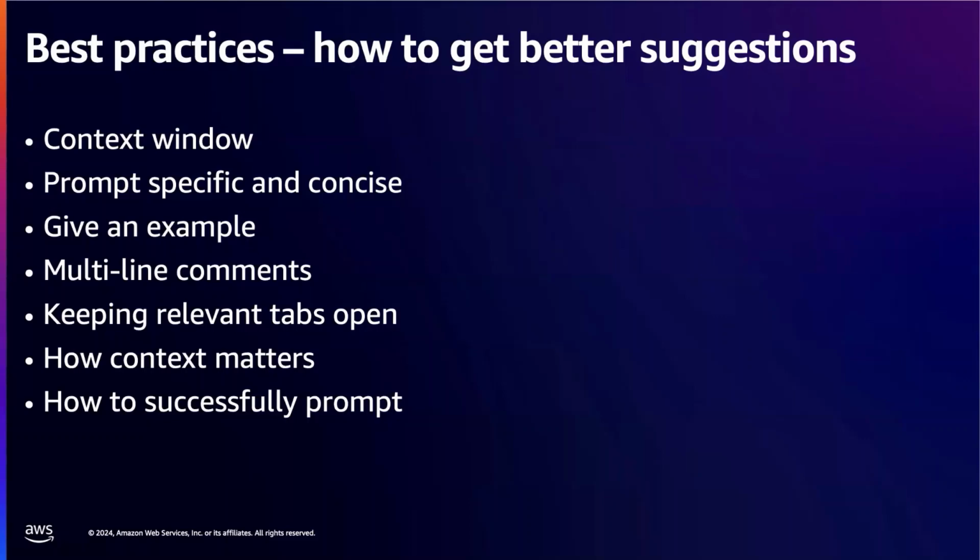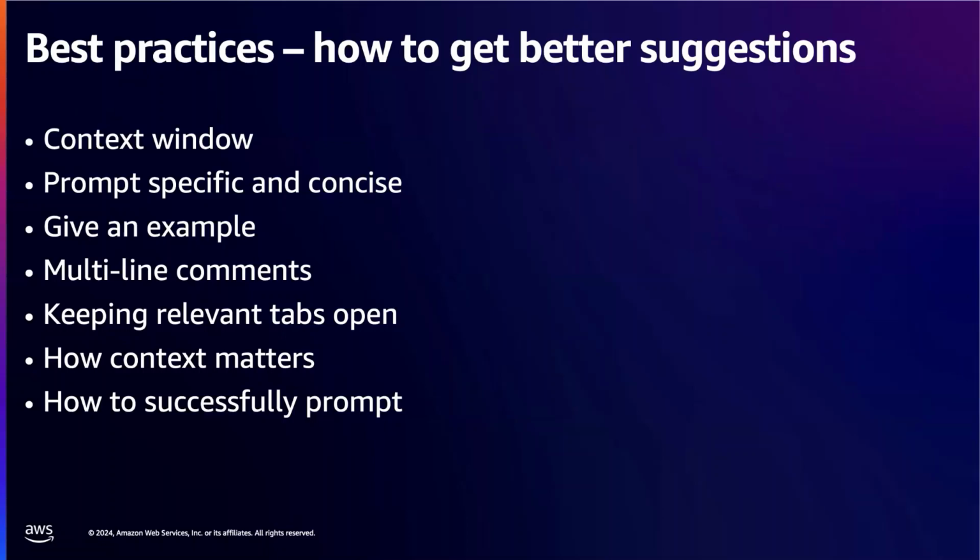These are some tricks which will help you keep the context window appropriate. You don't open all the tabs in your IDE, so that it understands only the ones it needs. I'm not talking about the transformation, which takes the entire project, but if you are generating for features or writing new code, you may want to keep that context window appropriate, right?